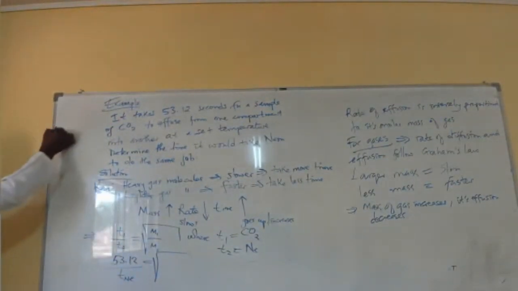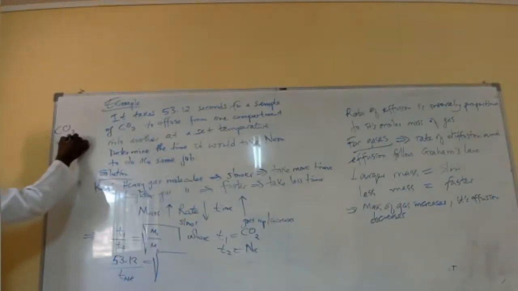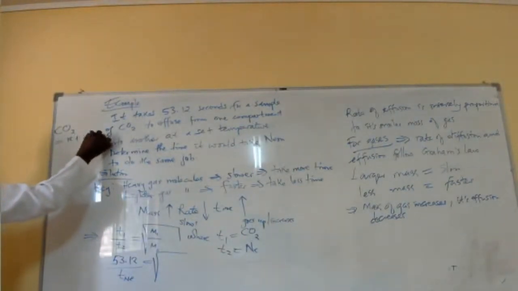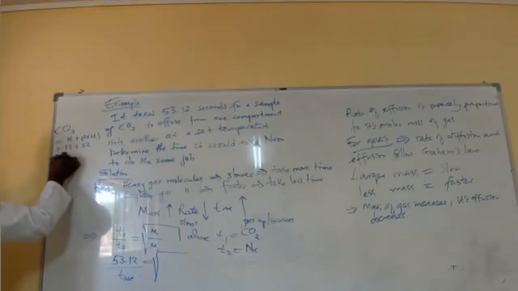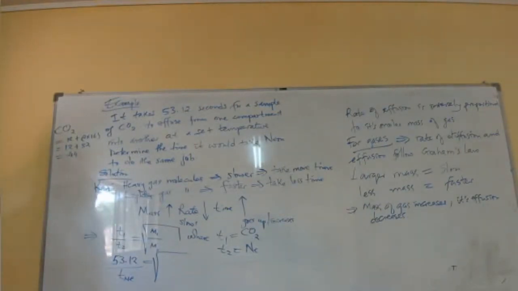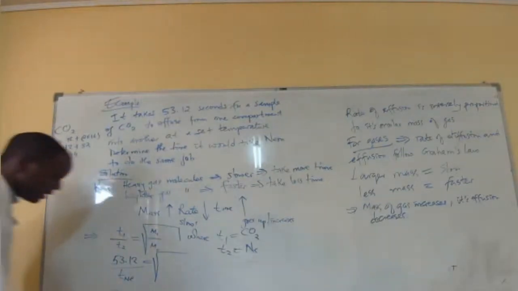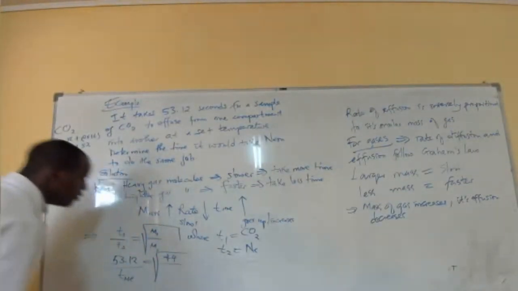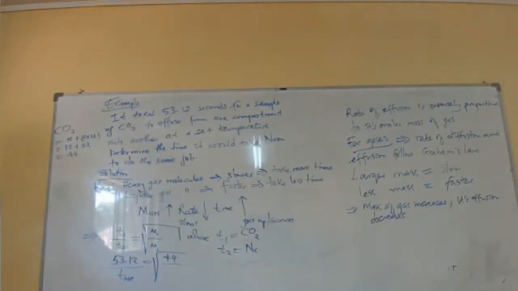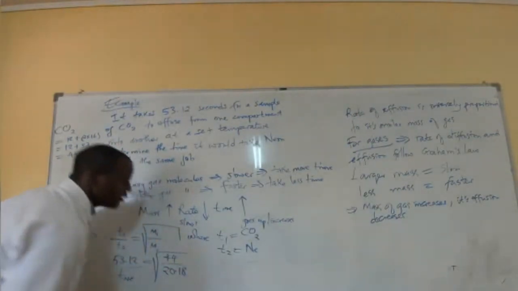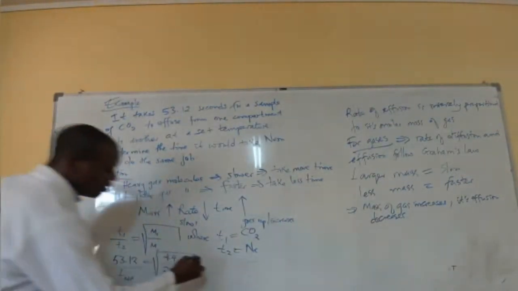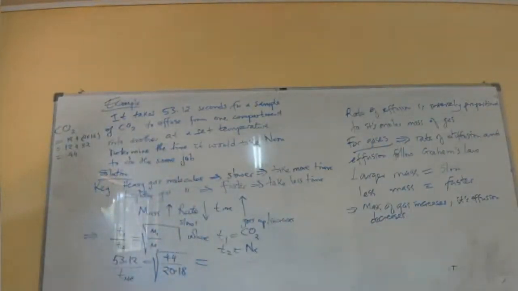The molar mass of carbon dioxide you can calculate quickly: 12 plus 2 by 16, so that is 12 plus 32, so we have 44. That is the mass of carbon dioxide, so we can place it in the equation there, 44 divided by the molar mass of neon, which is actually 20.18. You can check that on the periodic table.